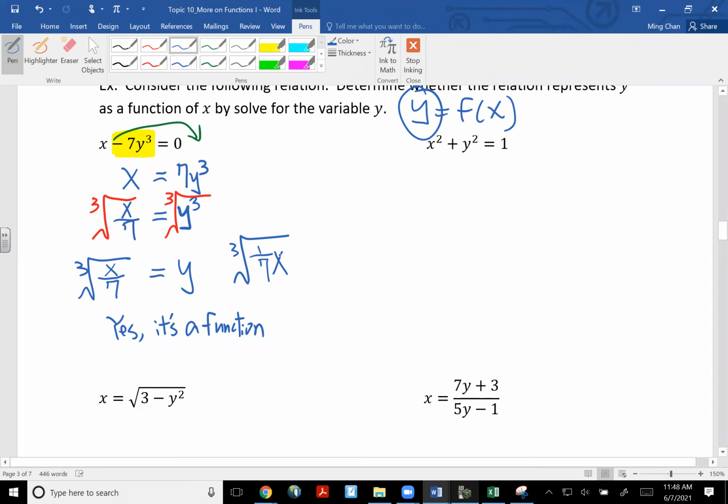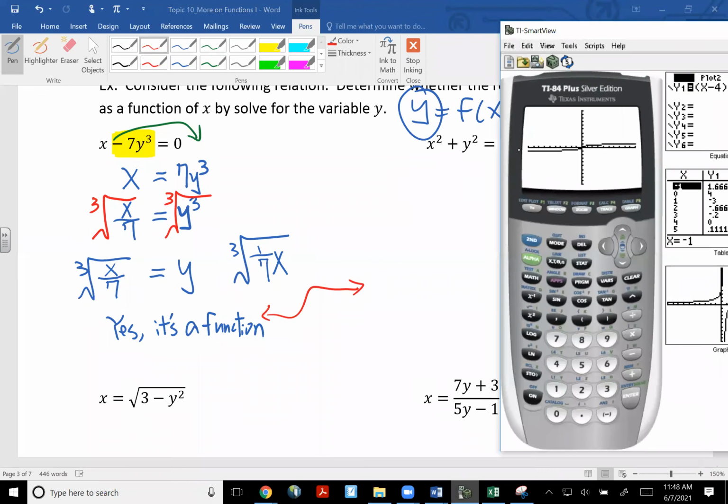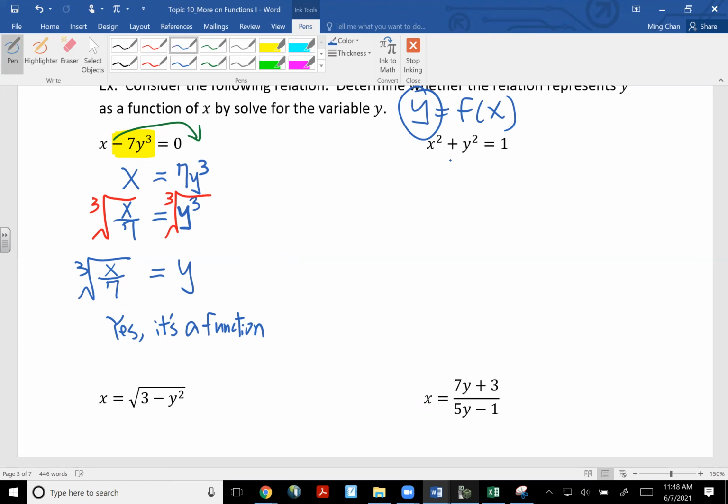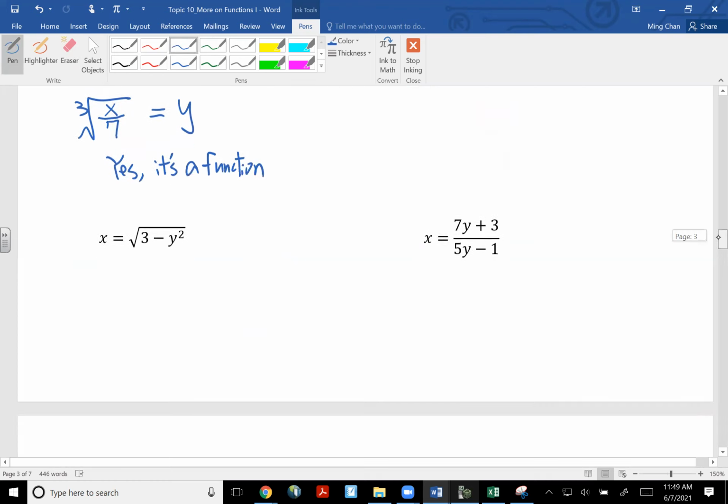So the dress up part, the make up part is the 1 over 7 in front of it. Now 1 over 7 makes my original cubic function look slightly different. It alters it slightly. Now it looks like that. And we'll talk about how it alters in a different topic. All right, so it is a function. It is a cubic function. All right, I'm gonna skip that one. I'm gonna go to this one right below it.